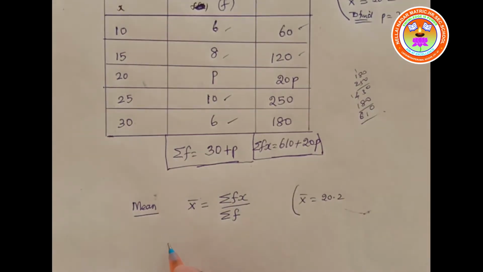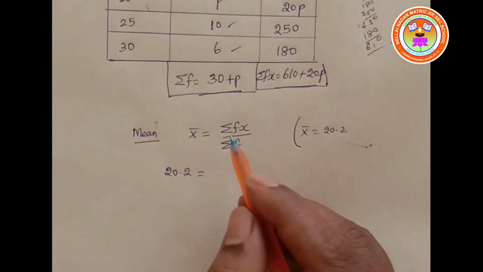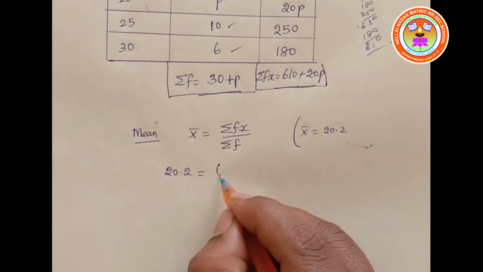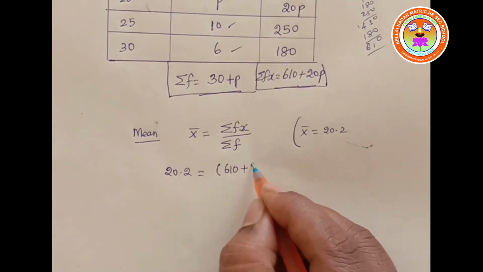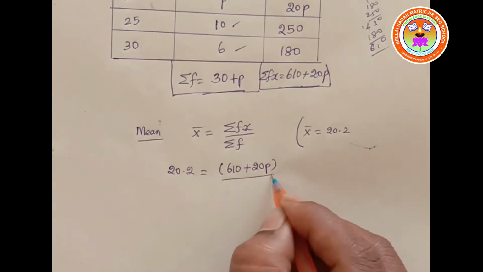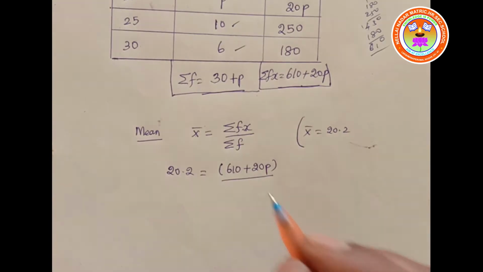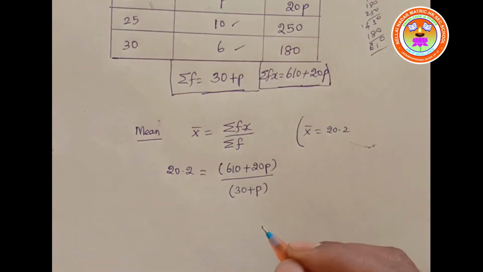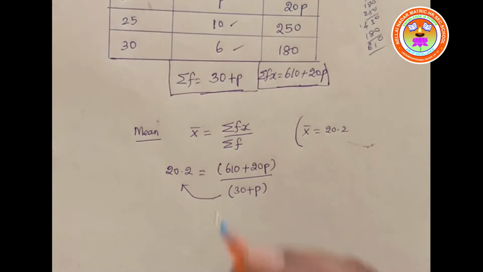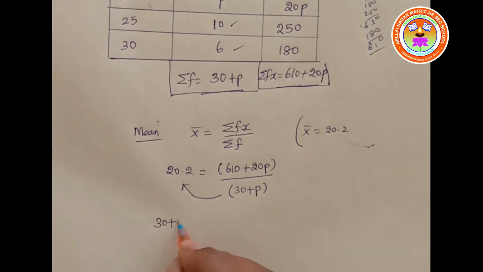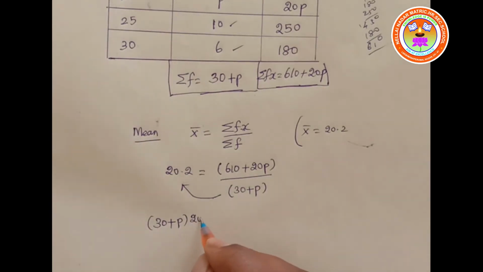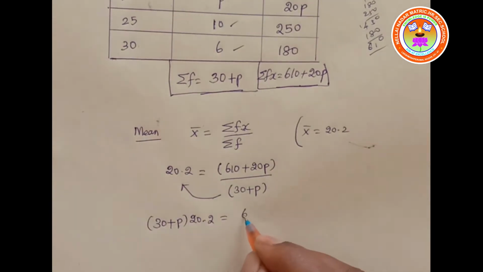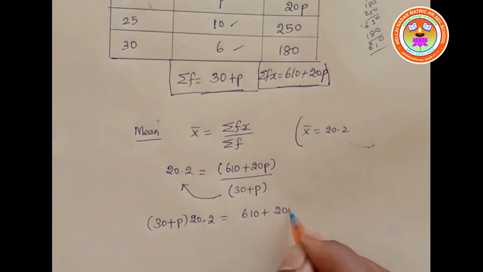So 20.2 is equal to sum of f into x, which is 610 plus 20P, divided by sum of f, which is 30 plus P. It's clear, children? Now cross multiply. That is 30 plus P into 20.2 is equal to 610 plus 20P.